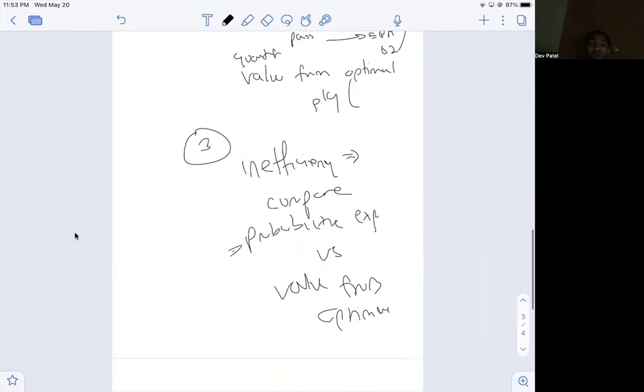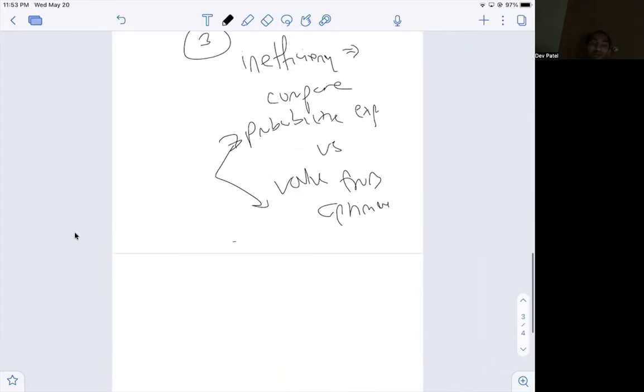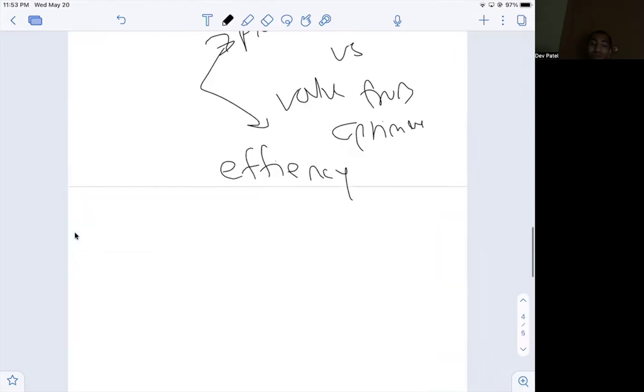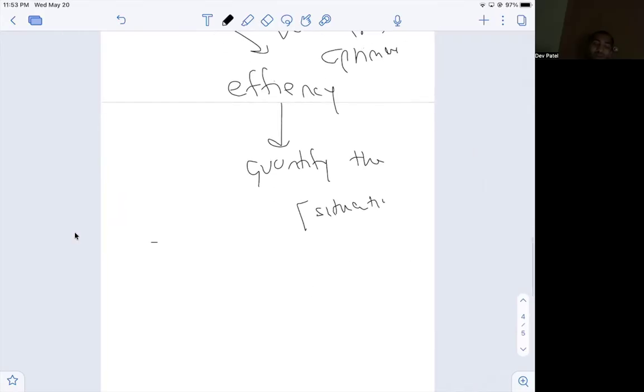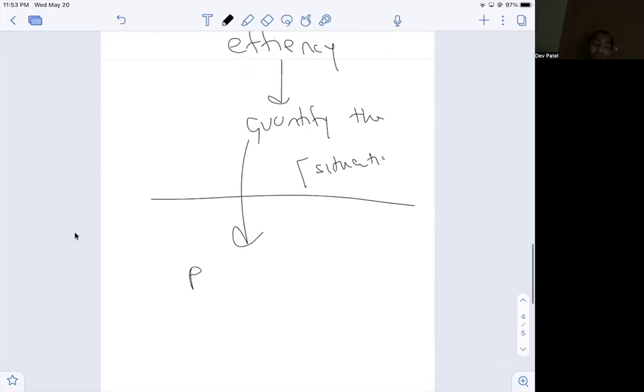And then we compare those two and create a metric of efficiency for every single play. What this allows us to do is quantify how good the play call was given that situation in the game. So we create a metric for evaluating play calls.